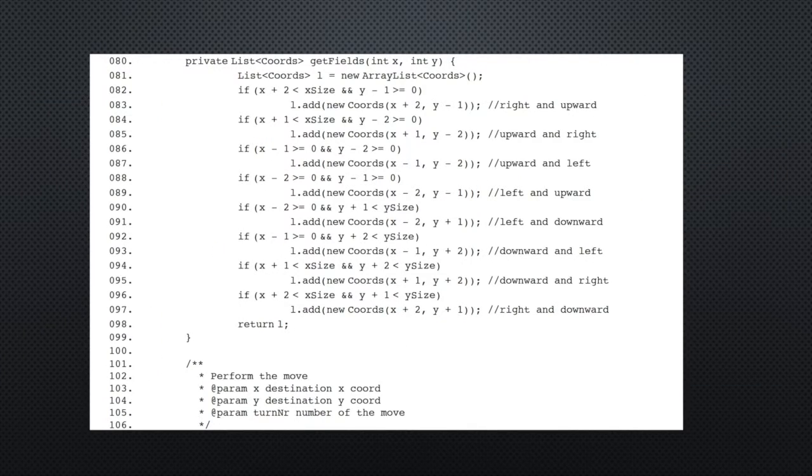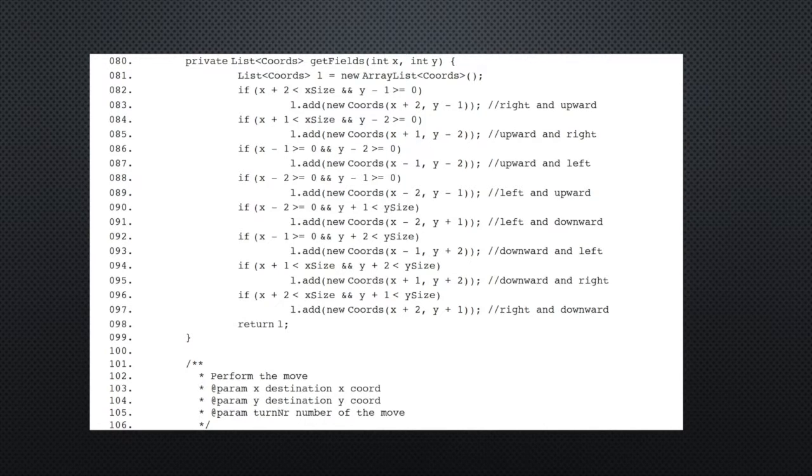We move on to the next slide, where we will have the method called getFields, which will have again two input parameters, x and y. Here we will implement a list, an array list to be exact, called L. The purpose of this method is to move the knight to its new coordinates. We will be using if-else statements.